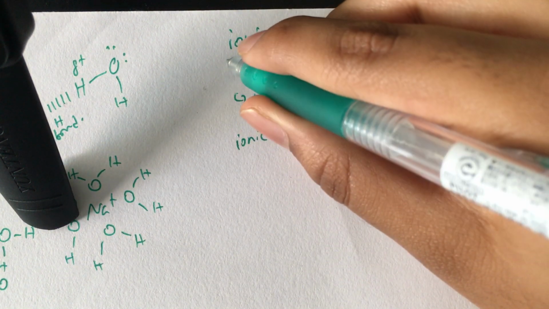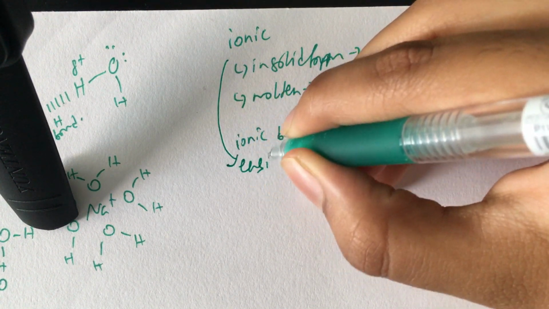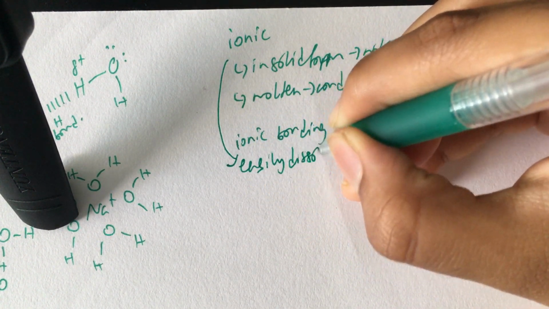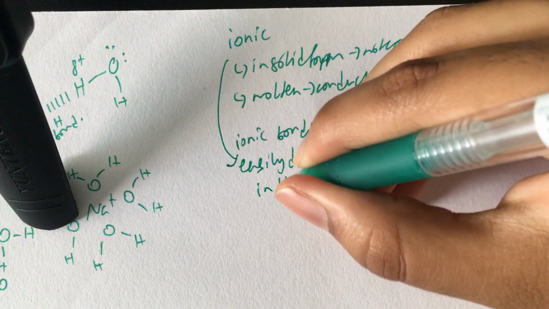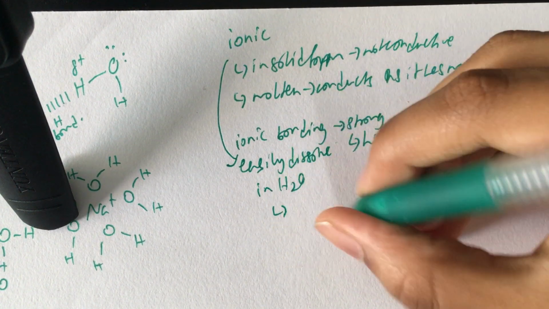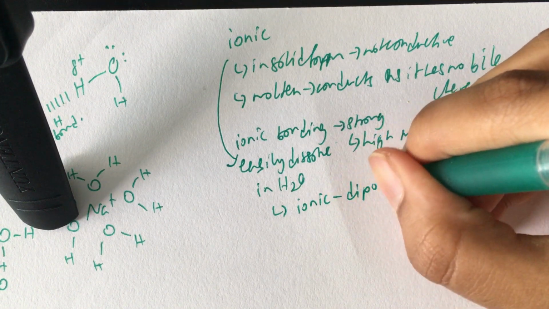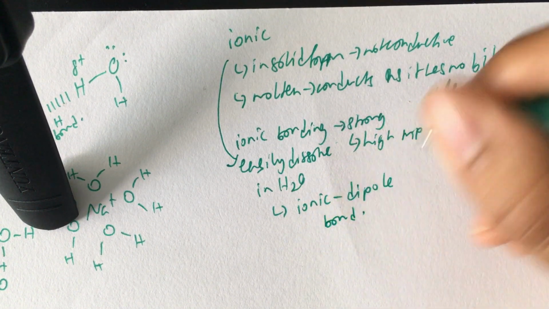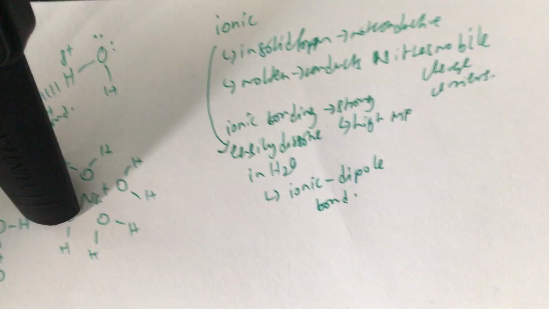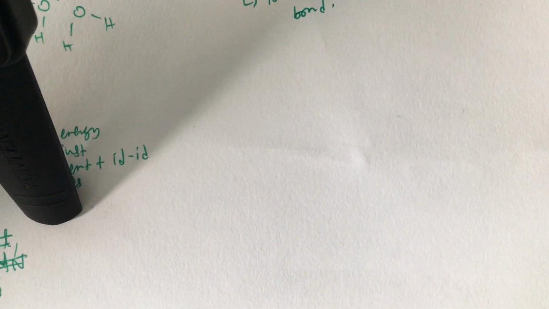For simple molecular, we know they're already discrete molecules. So they don't generally have a high melting point, because the bonding between them is a lot weaker than ionic or covalent bonding.